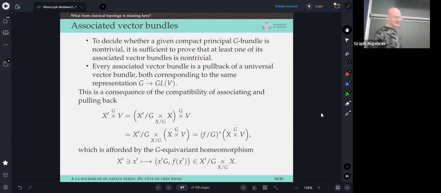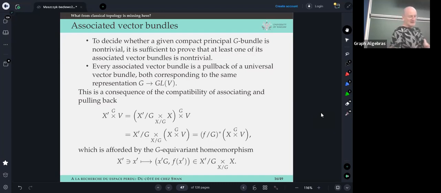So classically, this construction is like this. I have to explain here some symbols. So consider a space X, which is a right G space, the set of orbits of a free G action on X is called X mod G. So this is the base of this principal bundle.